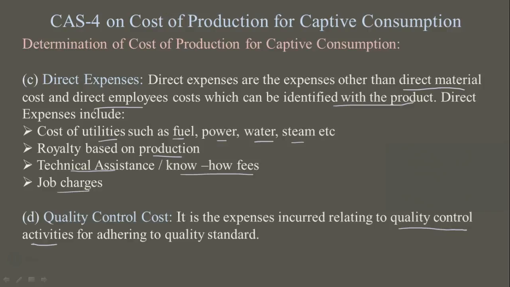We have to meet our quality standards, and for that purpose we are required to incur quality control cost. If we have to control our quality, we have to incur some cost, because we have to follow some standards, and for following those standards we are required to do some quality checks which have some extra cost. So quality control cost is basically the cost of adhering to the quality standards.